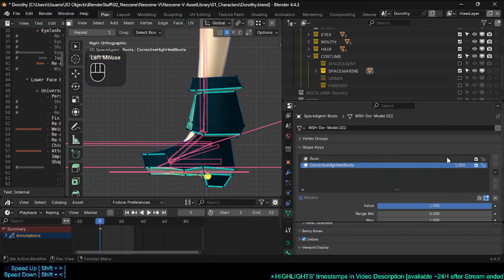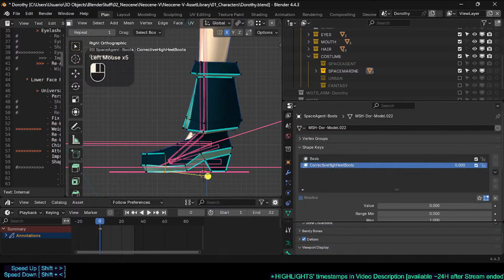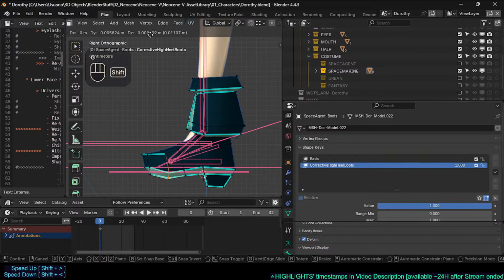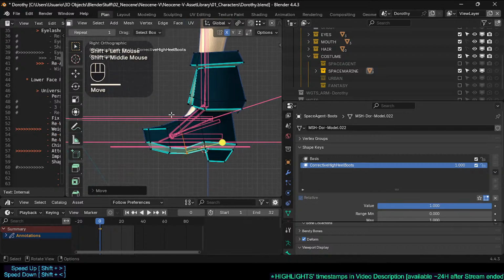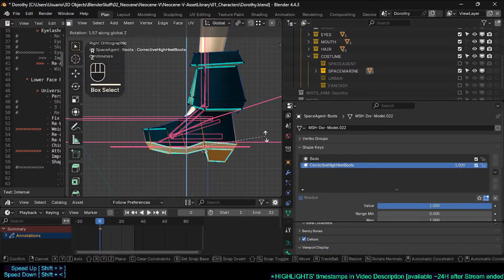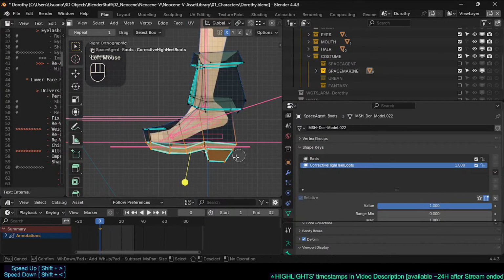Yes, this is the shape key. So I think this is what I'm doing wrongly. This needs to be like, it's not exactly this, it's like this is curving, something like this right in the end.